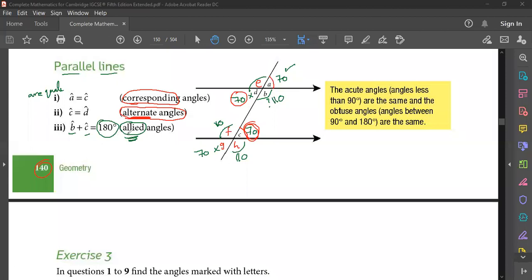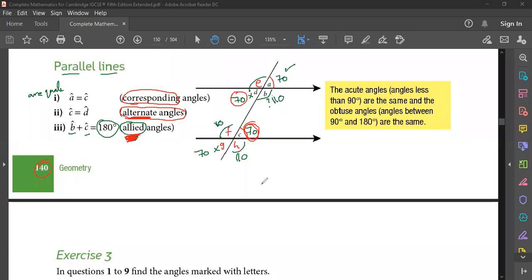And allied angles: B and C, D and F. Okay, those are allied angles. And allied angles add up to 180.